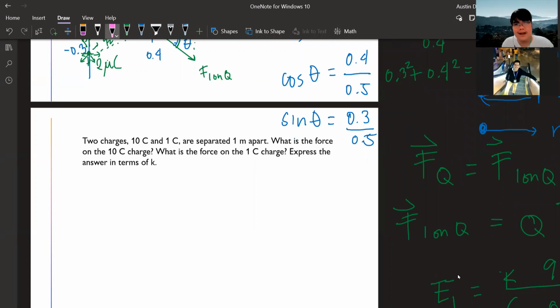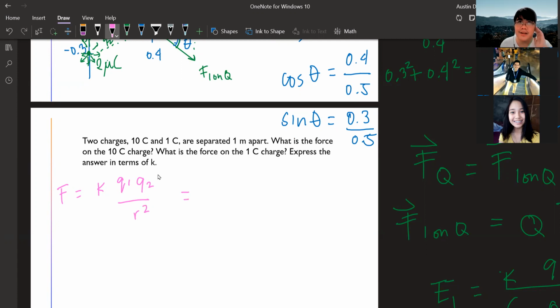Leia, are you there, Leia? Yes po. Okay, nandiyan ka. Ano yung mga possible answers in terms of K? Di ba? Ating charges 10 and what is the force on the 1C charge in terms of K?